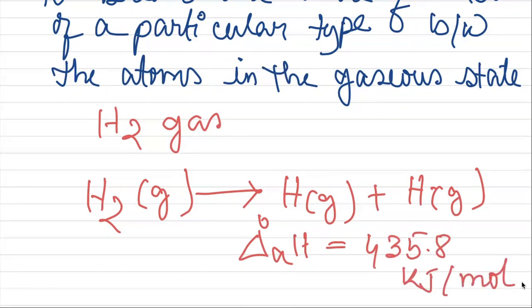So that means a huge amount is required to break the bond in a hydrogen molecule. Clear? Bond enthalpy is mainly the amount of energy required to break the bonds of 1 mole of a substance in the gaseous state.